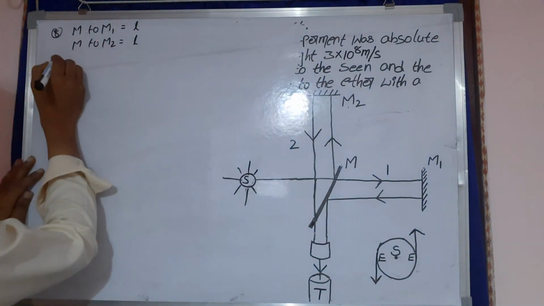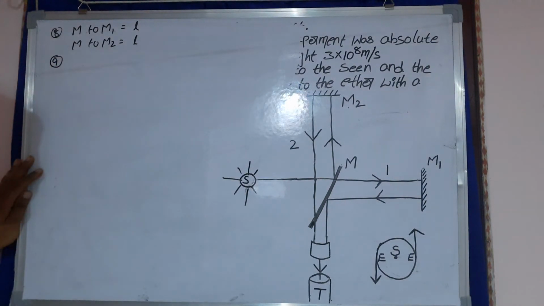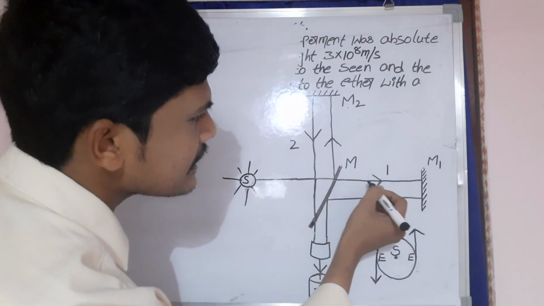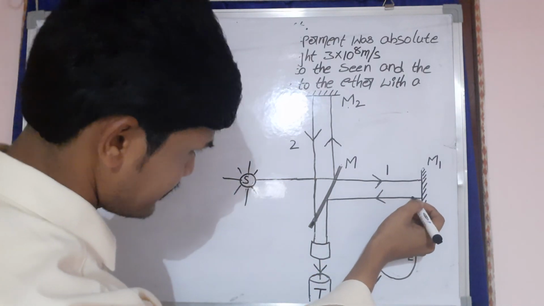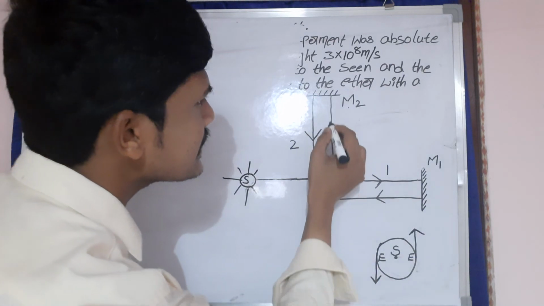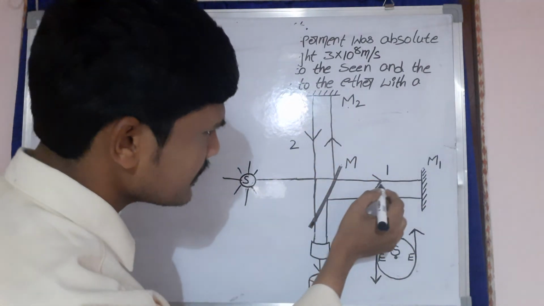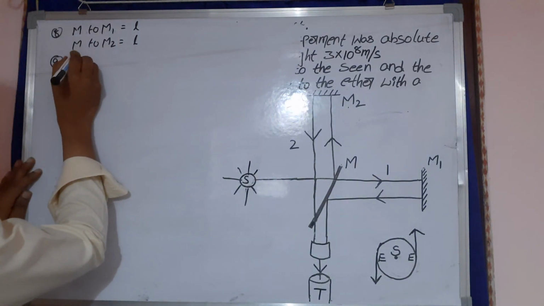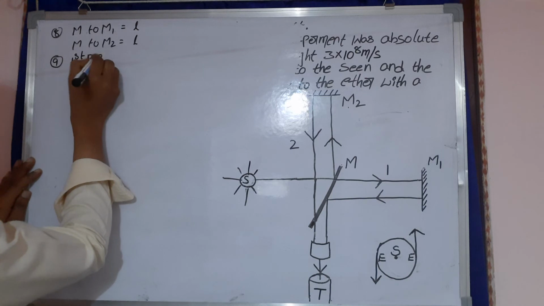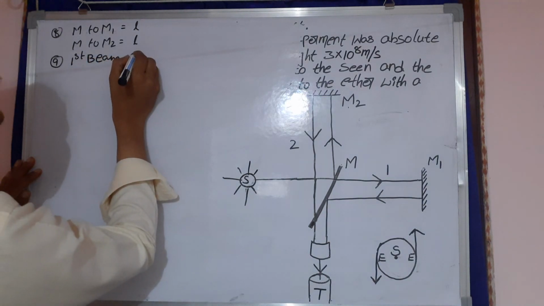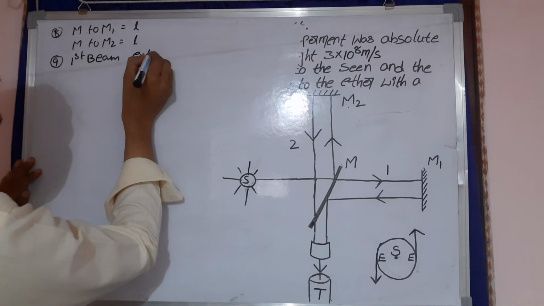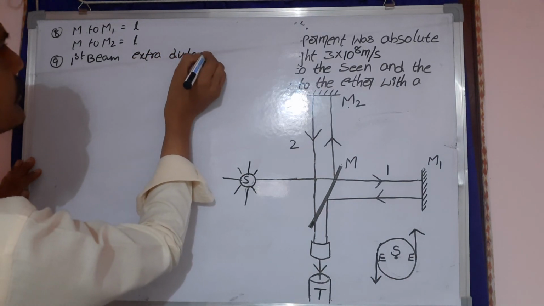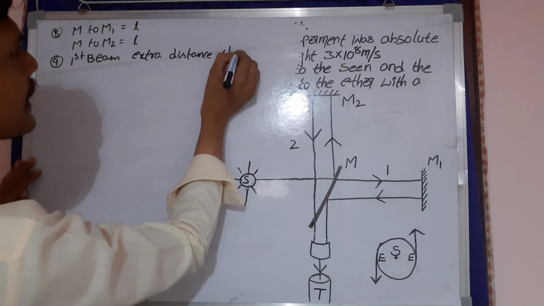Next, the reflected ray is greater than the refracted ray, which means the first beam travels an extra distance.